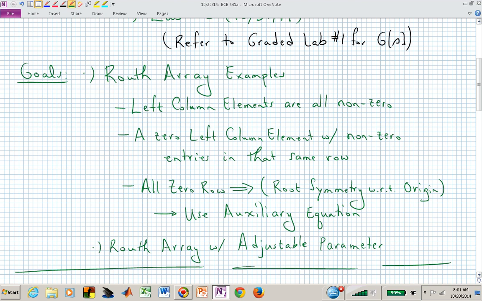We'll go through those, and we will examine a Routh array with an adjustable parameter. You can also look at some of the material on D2L concerning previous exams. There you will see some problems that deal with this Routh array with an adjustable parameter.